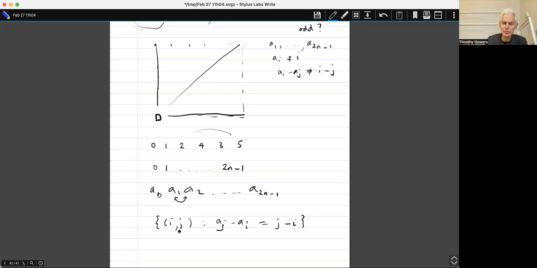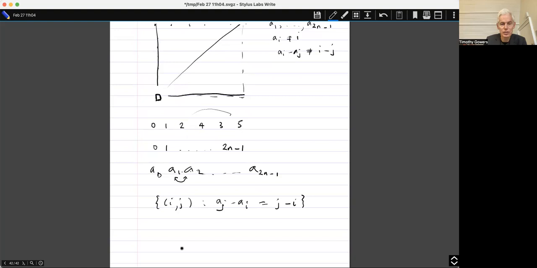And I might want to make it the set of i less than j, because that does make sense, since I don't want to double count. If I double count, automatically I'll get an even number of pairs, obviously. So I want unordered pairs. So if a_2 minus a_0 equals 2 minus 0, I'm going to lose a pair there.